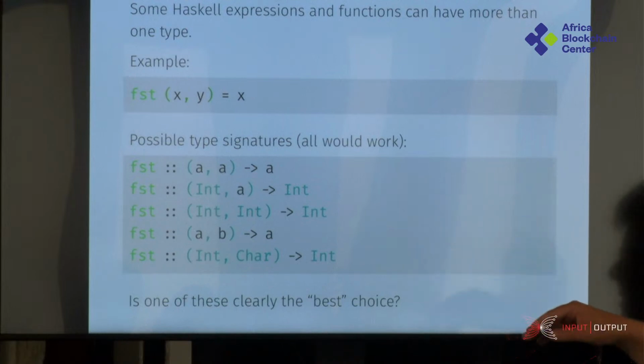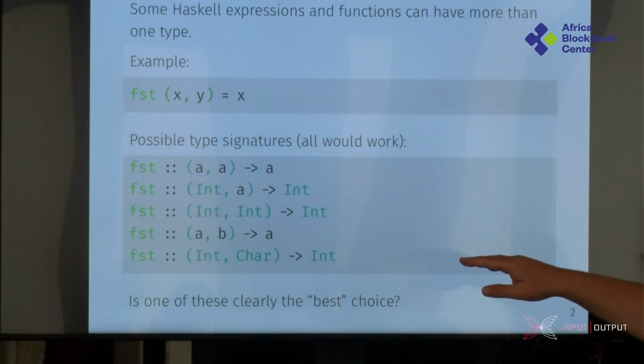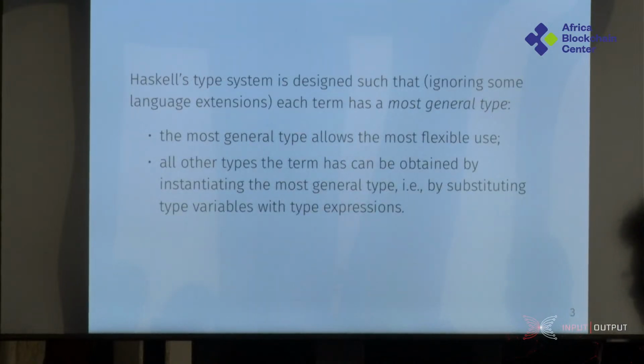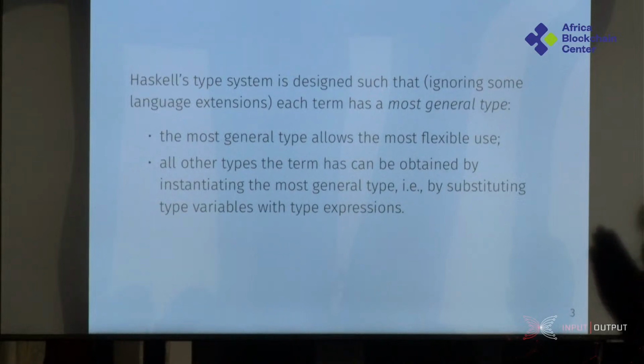And this is the only one with this property. So this is the most general type you can give it. And that always exists. The Haskell type system has been designed in a way that there is always a most general type, and the compiler can automatically infer it. That's the most flexible one, so all the others are specializations of that.